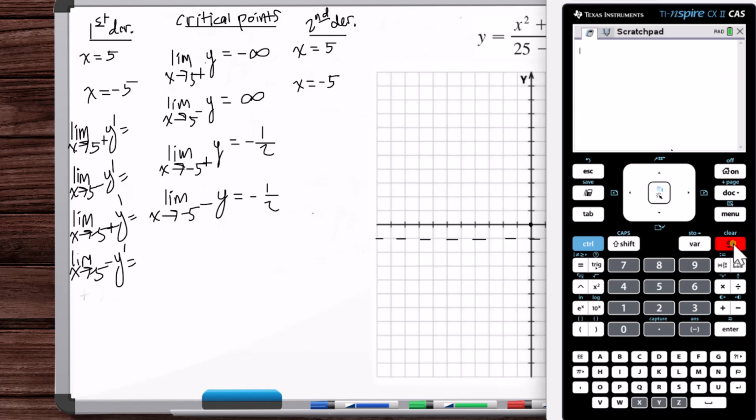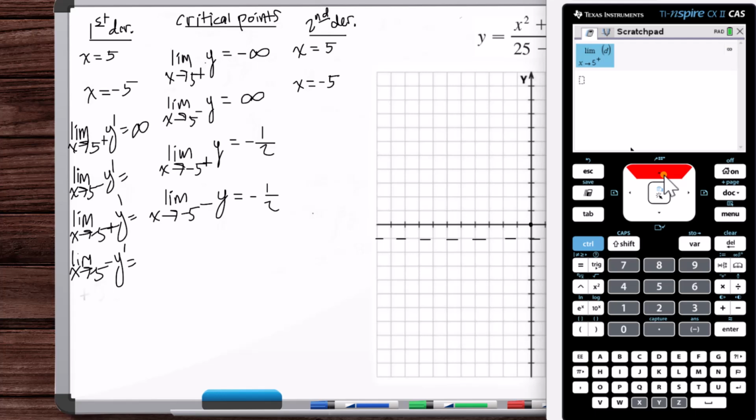Okay, there's the first derivative. Then take the limit, and you don't have to do all this analysis every time. I'm just trying to illustrate this for you. The limit as x approaches 5 from the positive direction of d is infinity.